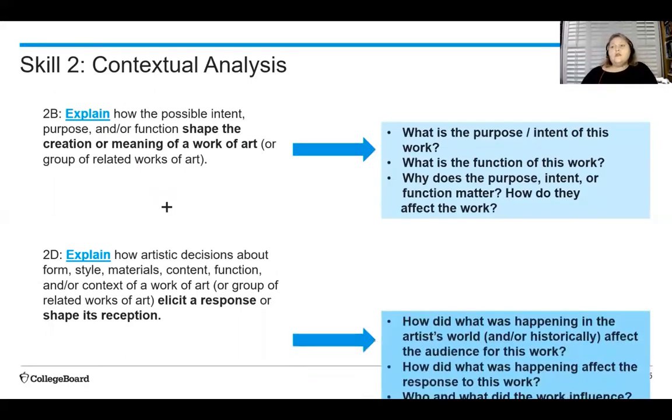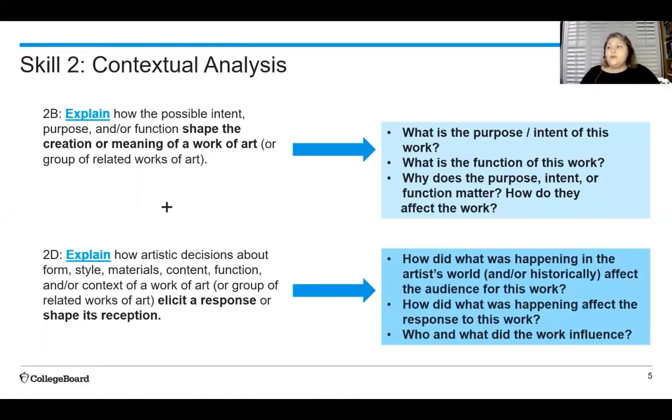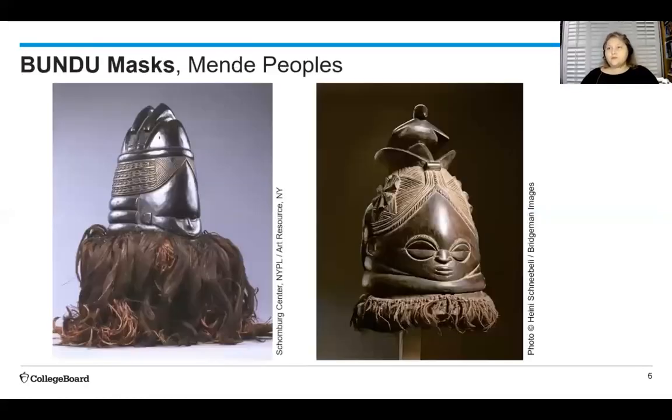And for skill 2D, the questions that are going to help guide us through: how did what was happening in the artist's world or historically affect the audience for this work? How did what was happening affect the response? Who and what did the work influence? So this is where we're going to talk more about the audience and the intention of the work and how it was supposed to be received.